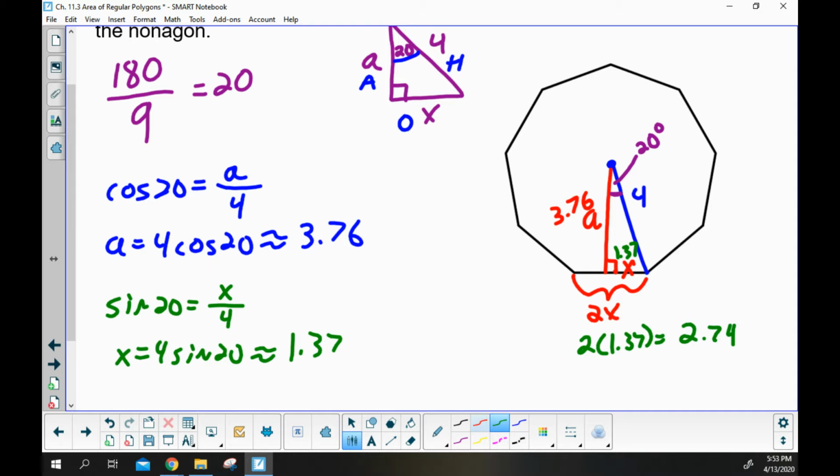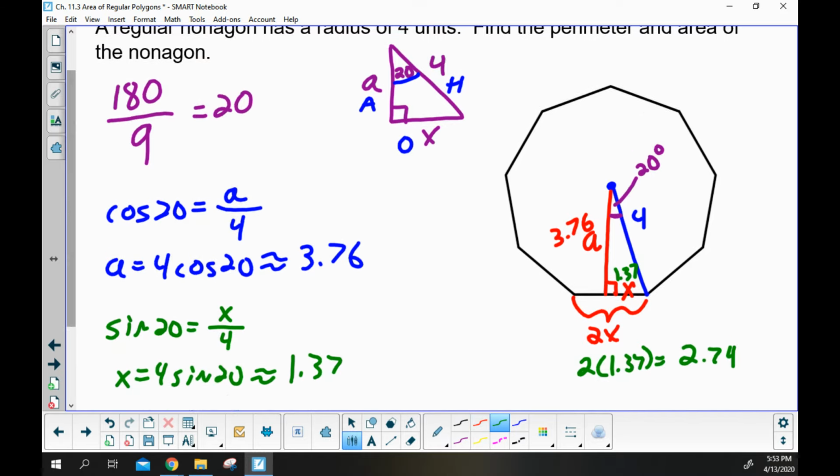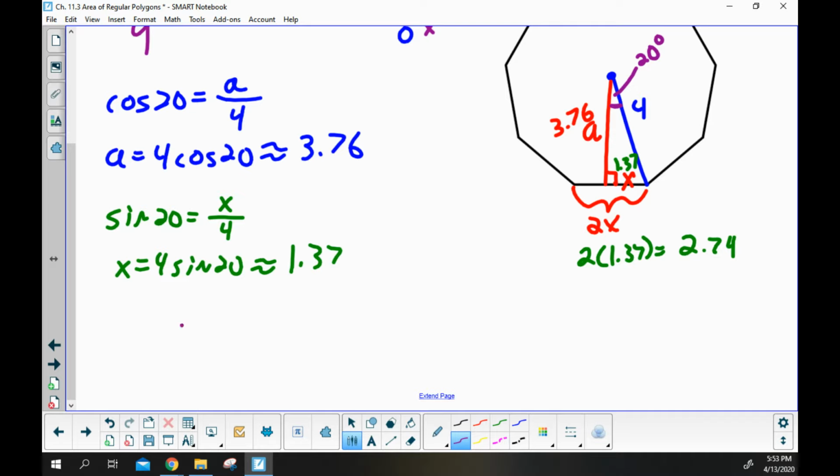So now from there, I can solve for area, I can solve for perimeter, since it asks for both of them. So the first thing I'm going to do is perimeter, because I need perimeter for area. So to find my perimeter, well, perimeter is pretty basic. It's the length of every side, that's 2.74, times the number of sides, which is 9. Right?